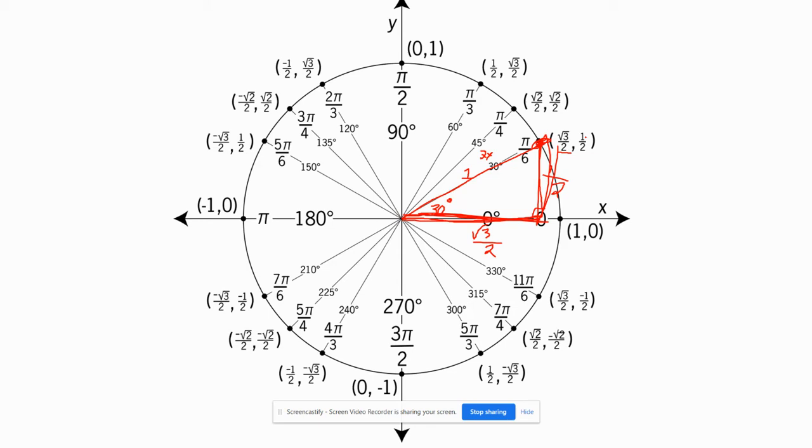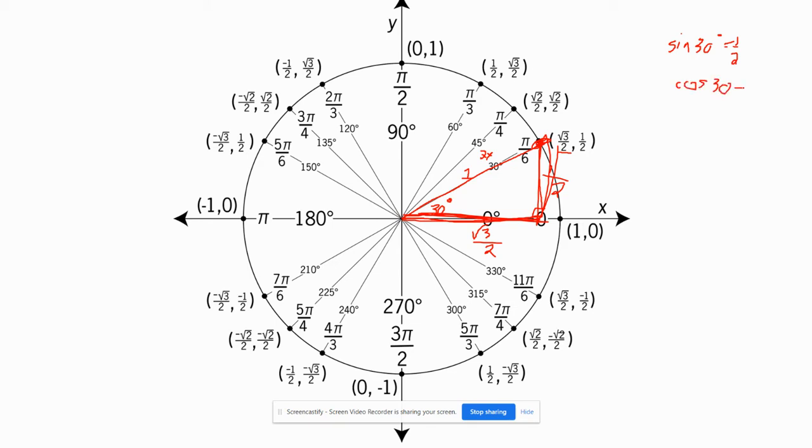But if you think about it even a little bit more, the sine of 30 degrees, we know, is 1/2. And we know the cosine of 30 degrees is the square root of 3 over 2.